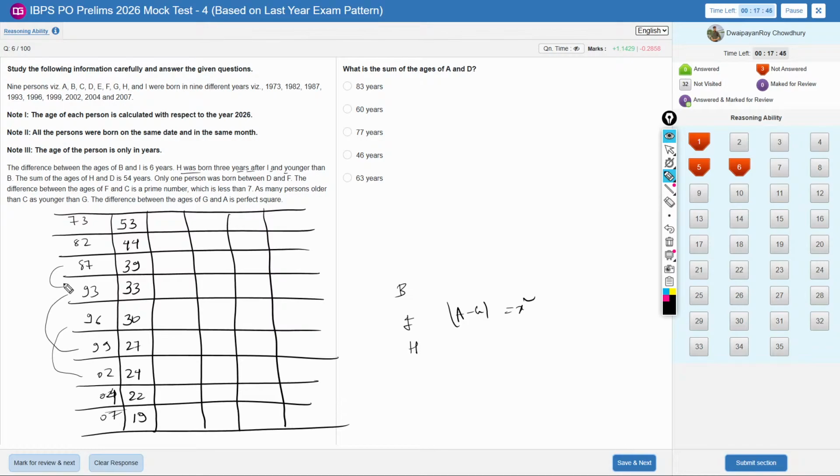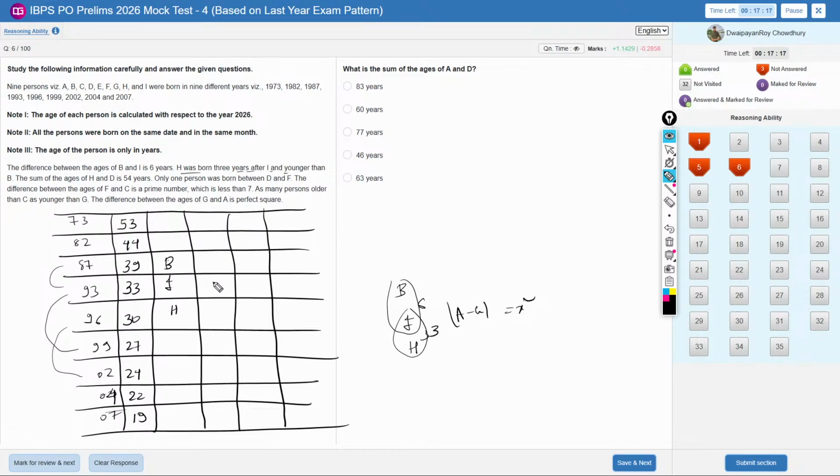Okay, first let's check this one. B, I. I and H is 3 years, right? B and I is 6 years. So the 6 year gap is here. If I is here, it is not possible. The first possibility is B, I and H here.